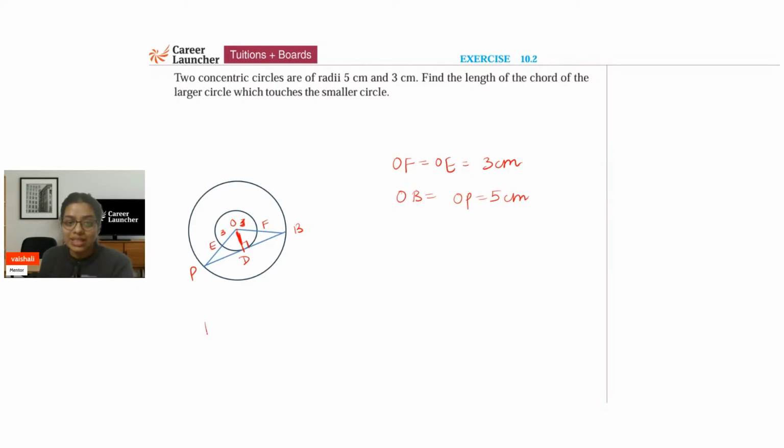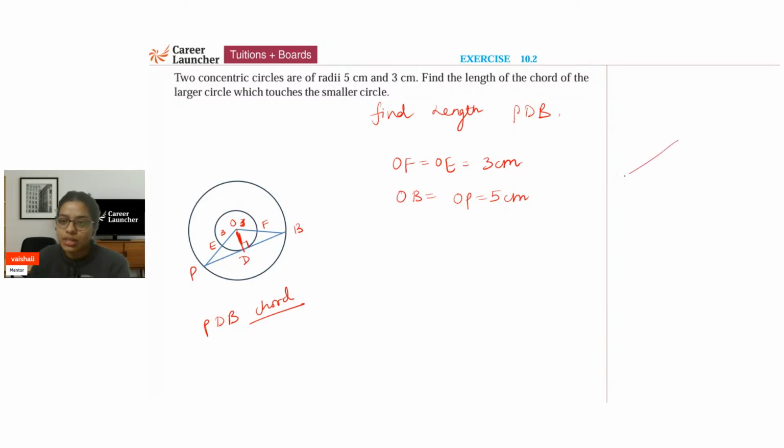So if you will see, PDB is acting as the chord of the bigger circle, but it is touching the smaller circle at one point. Right? So मुझे find करना है what is the length of PDB.